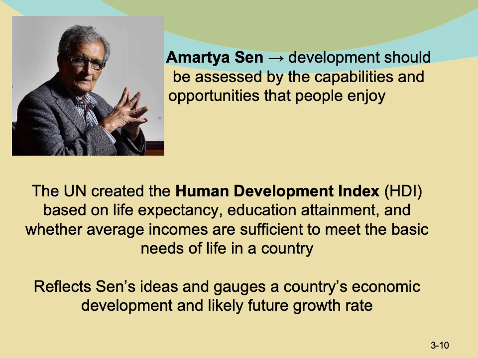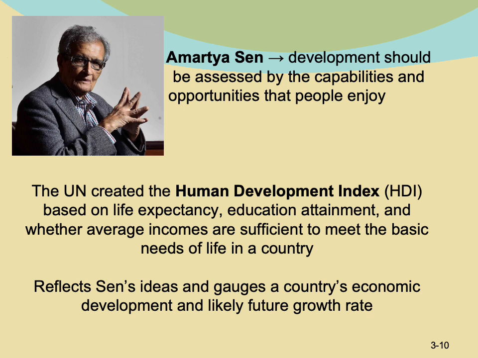Next, eminent economist Amartya Sen argued that development should be assessed not only in terms of income, but also in terms of capabilities and opportunities available to individuals. Reflecting his ideas, the United Nations created the Human Development Index.